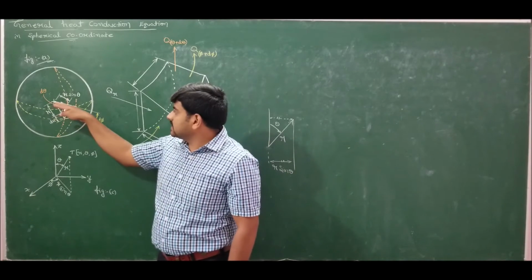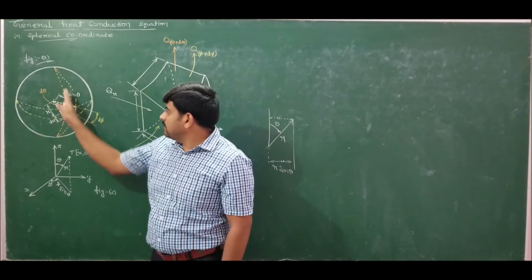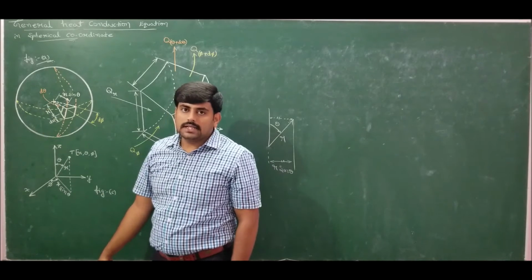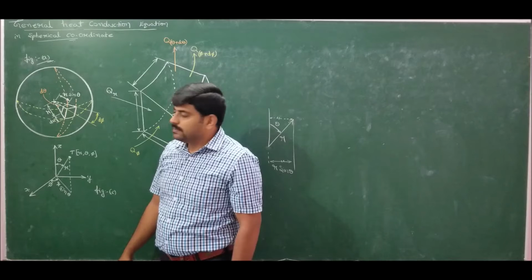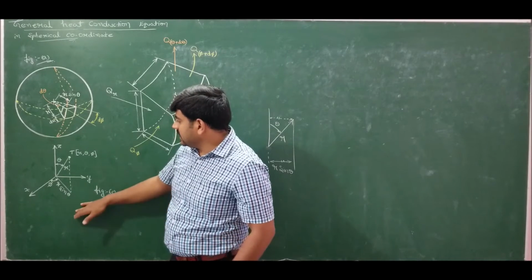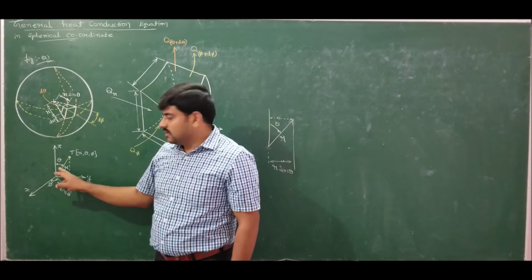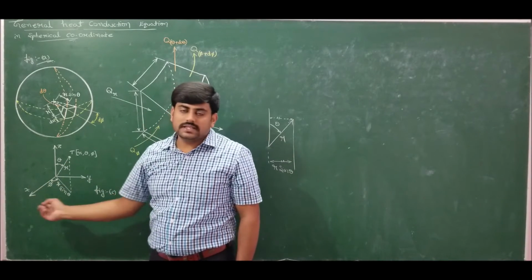Therefore, in the horizontal plane, we have r sin theta d phi. In the vertical plane, we have r d theta. I hope the concept is clearly understood. That is what we have indicated here. r varies in the vertical plane with an angle theta, whereas its projection is r sin theta, which varies with an angle of phi in the horizontal plane.